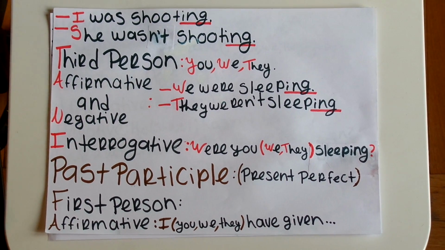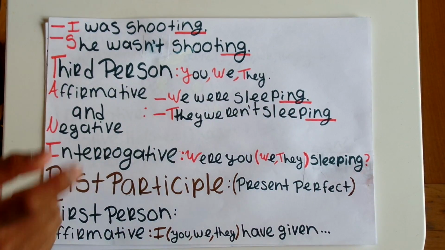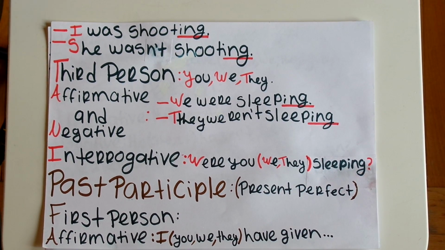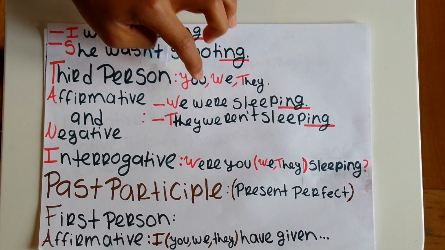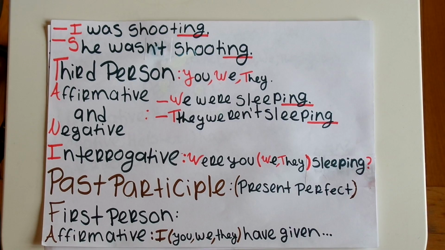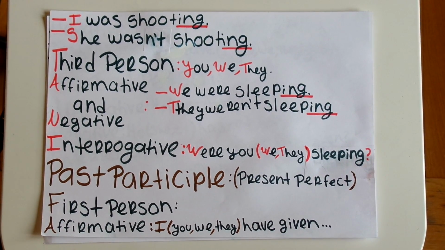Here the subject is they and the verb is sleep, adding the ing. Here we see also that the original connector is were. In a negative way we use it like were not, making it shorter, weren't.